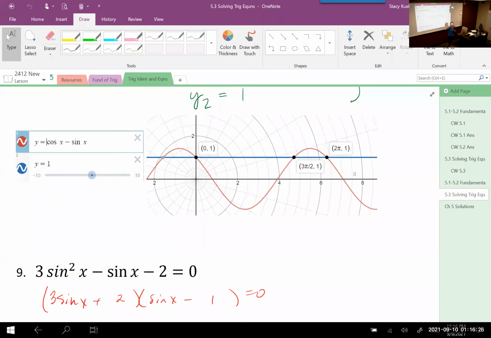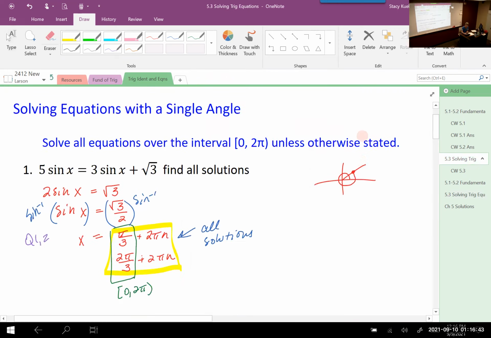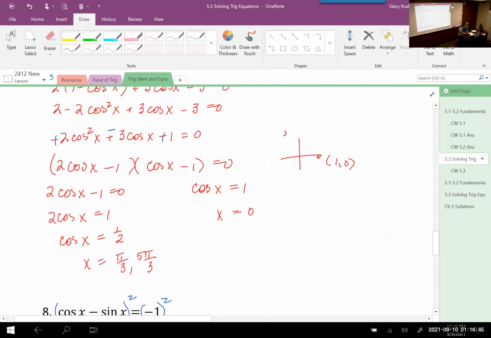So what we inadvertently did by squaring the equation is we introduced two false solutions, which is why we have to check them. So the actual solutions to this that we are going to keep are going to be 0 and what did I say, 3 pi over 2?